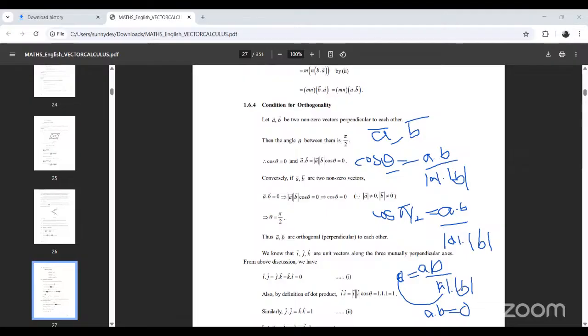So that's why, if the two vectors are perpendicular, A dot B should be 0. Okay, no? So this is the one thing. So you can say that.